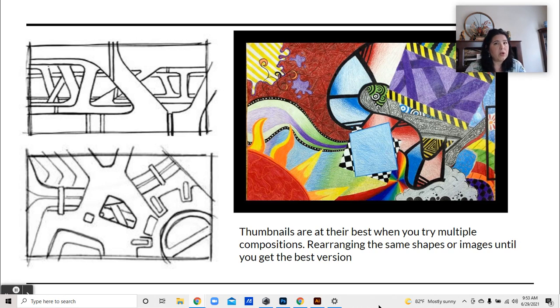All 3 of these aren't quite where they need to be, or there's this one that could be better. Or maybe they'll say, if you take your thumbnail 1 and your thumbnail 2 and combine them, you can get a really amazing composition. So because of that, you will be editing those thumbnails.